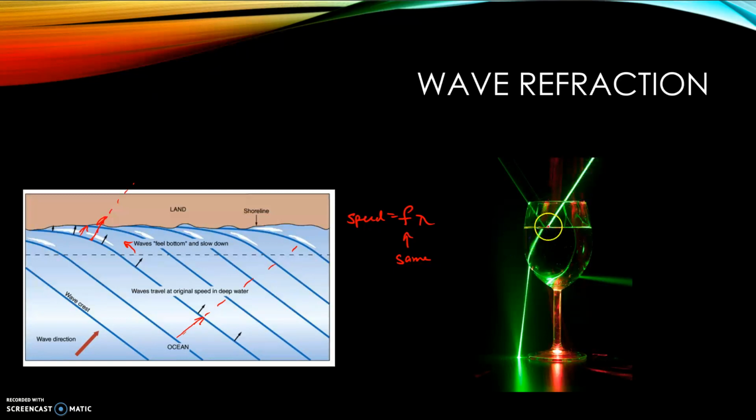And as this green laser beam goes in, it gets bent, but it's still green, right? So the frequency will stay the same. Well, if the frequency is the same and the speed goes down, then the wavelength has to go down. The wavelength has to get shorter. The frequency of a wave stays the same as it goes from one medium to another, but the wavelength can change. Okay, and that's because the speed's changing.